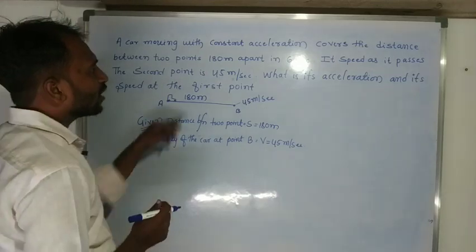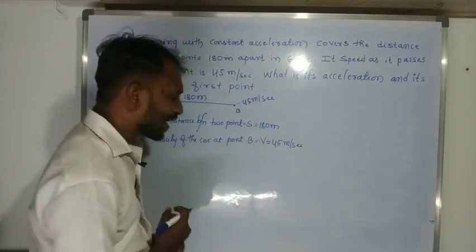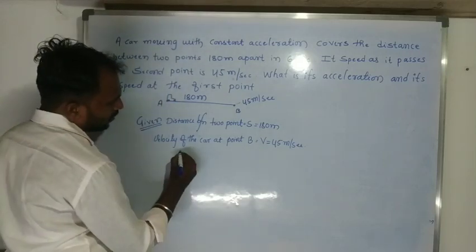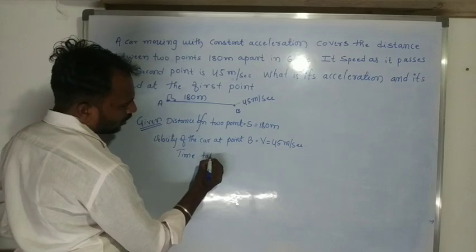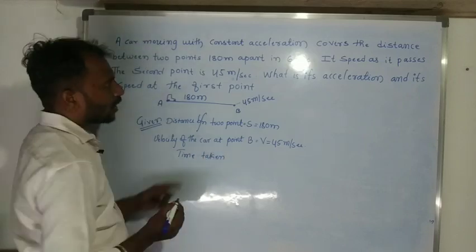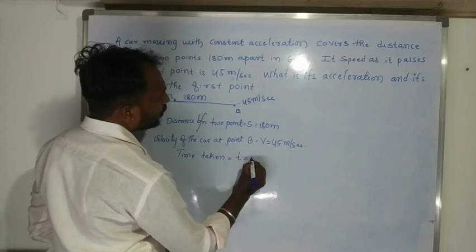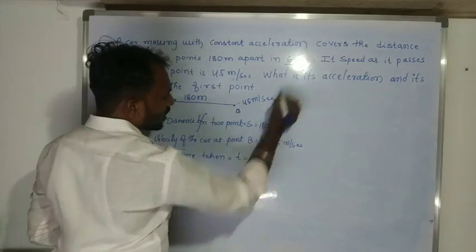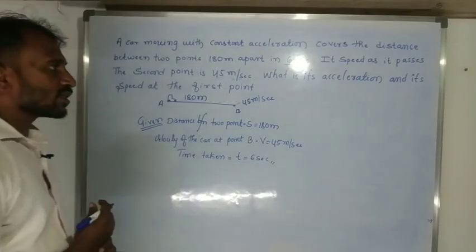And time taken to cover 180 meters is 6 seconds. So t is equal to 6 seconds.